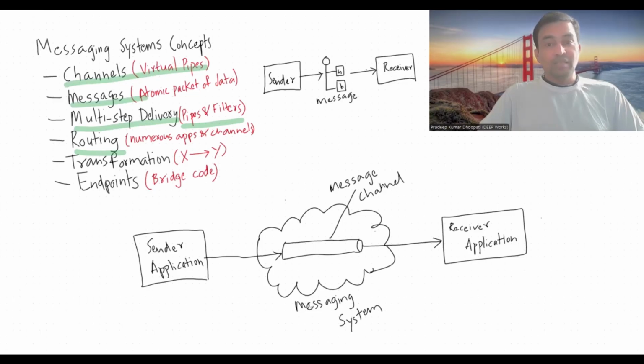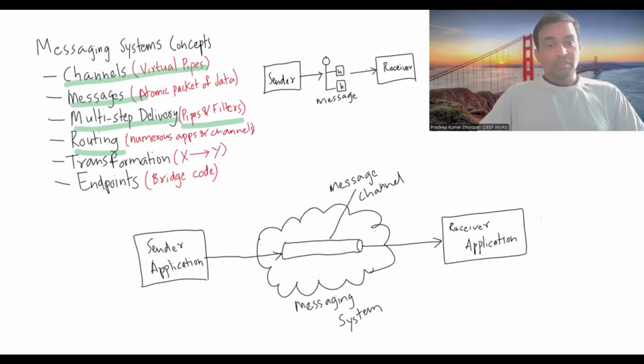And at times, one sender has to send the data to multiple receivers. So routing is a messaging concept which will be responsible for routing the messages to the right destinations, the right channels and the right receivers. And sometimes the original sender might not even know which channel will take that message to the final receiver, and at times the sender doesn't even know who the destination or the message consumer is.